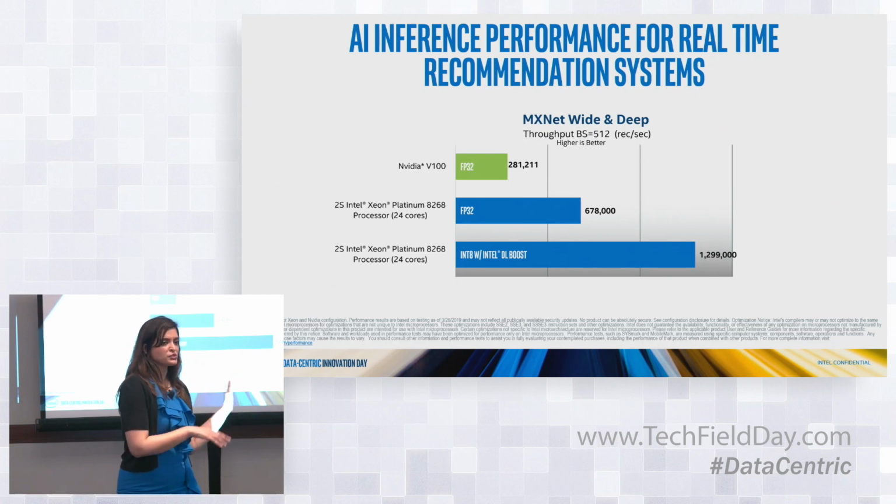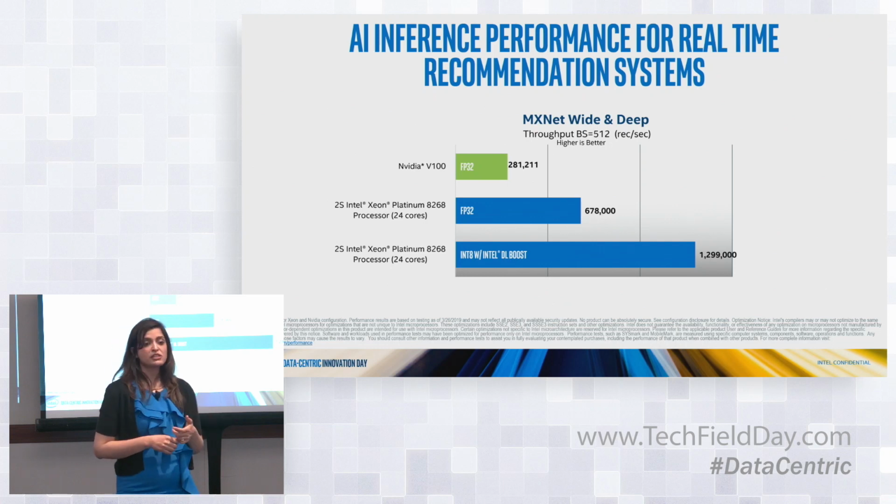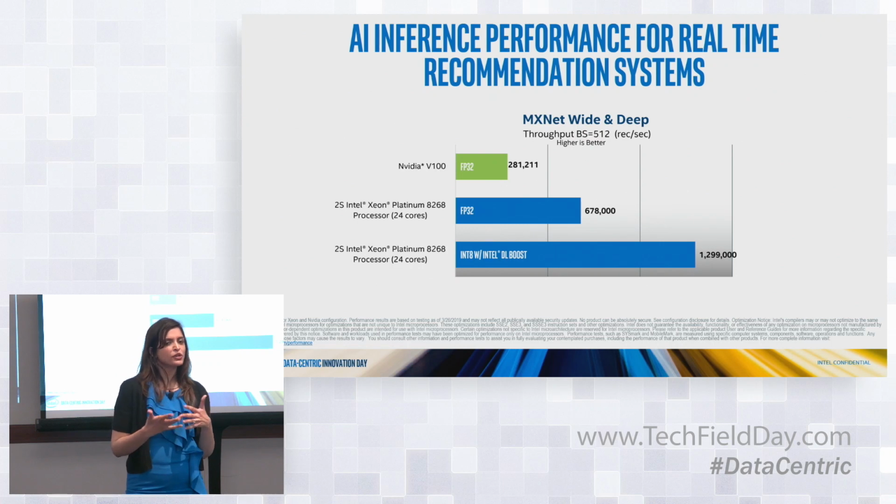Everyone's used recommendation systems. It's what Amazon could be using for recommending products to us, Netflix for movies and shows, Facebook for ads, Google for search, etc. So this example shows a comparison of Wide and Deep, an example recommender system that we used on MXNet, which is Amazon's deep learning framework, for a batch size of 512, which is a typical production batch size used by cloud service providers.